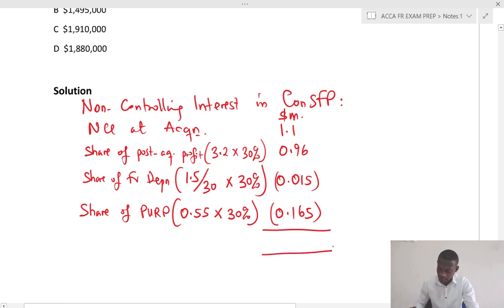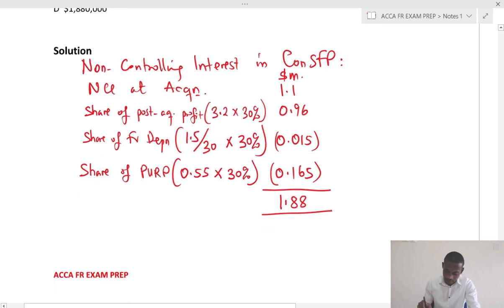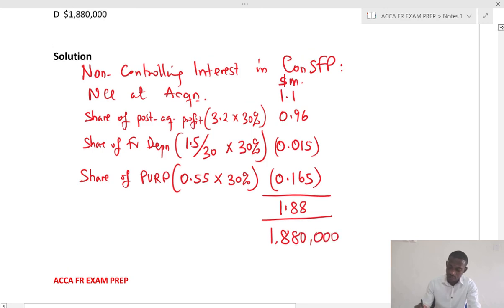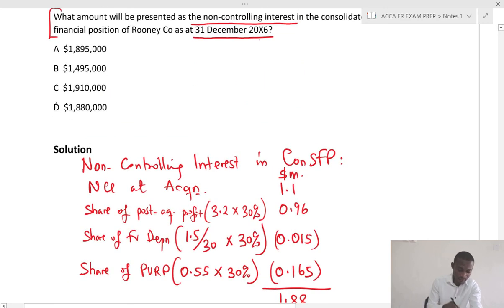So we have 0.96 plus 1.1 minus 0.015 minus 0.165. That should give us 1.88 million. And 1.88 million is 1,880,000. And from the options, the answer should be D.